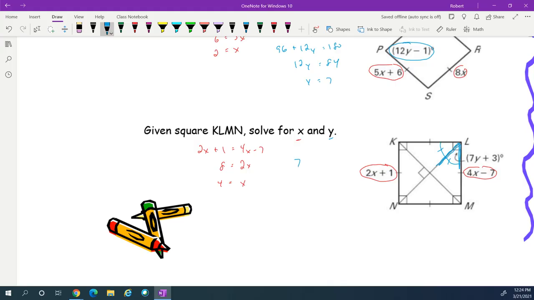So 7y plus 3 is really equal to a 45-degree angle. So that makes 7y equals 42 and y equals 6. Okay, so we have our rhombus and square to wrap up our parallelograms.